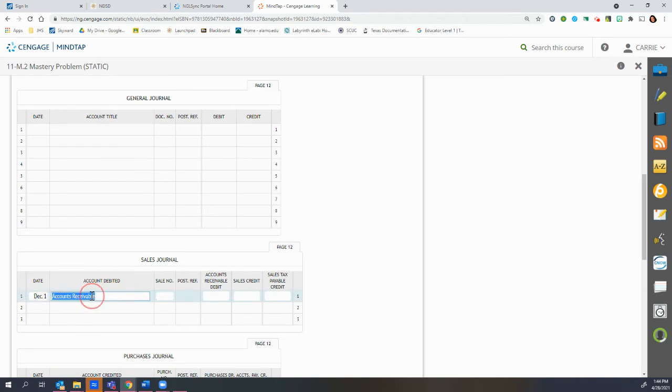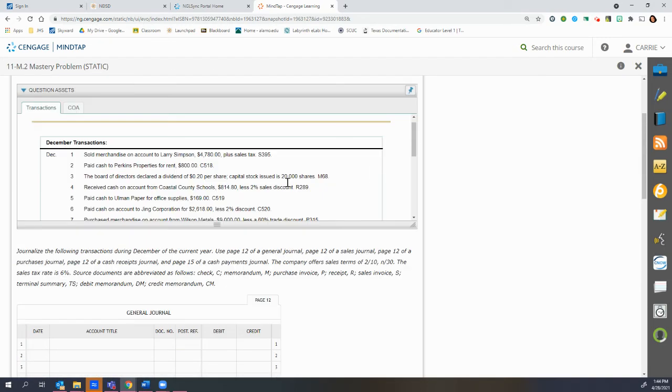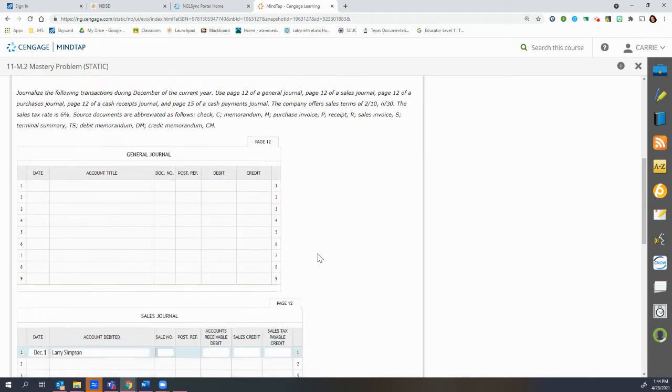I don't get it. Okay, we're just going to put Larry Simpson. I guess it knows that it's the accounts receivable. I normally put that even if you don't have to have it, but okay.